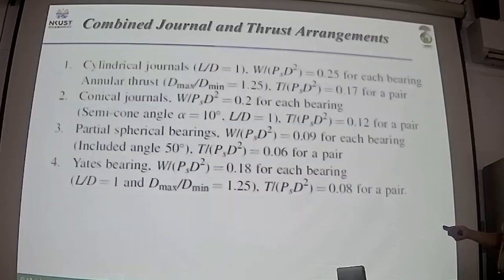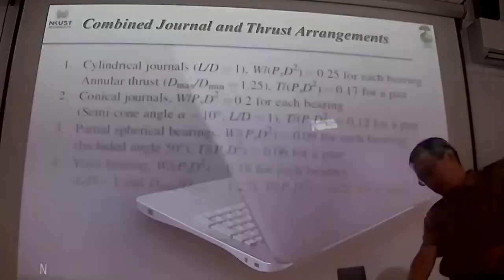So here is just a basic example of the design parameters for those bearings. For example, for the journal bearing, we have a journal bearing configuration.